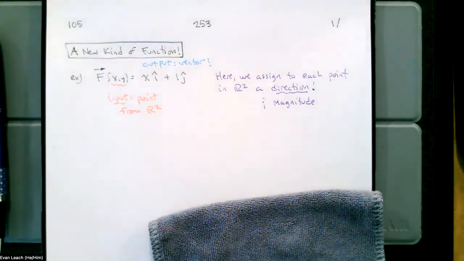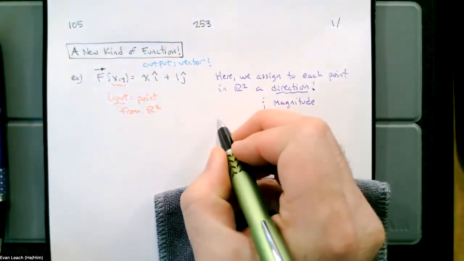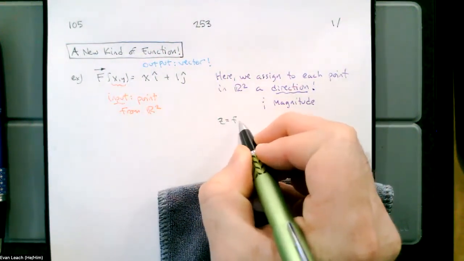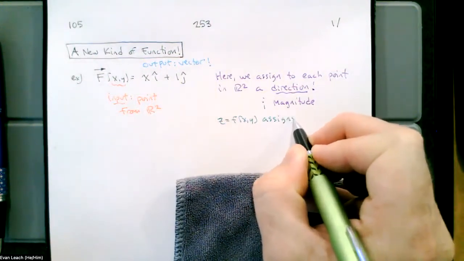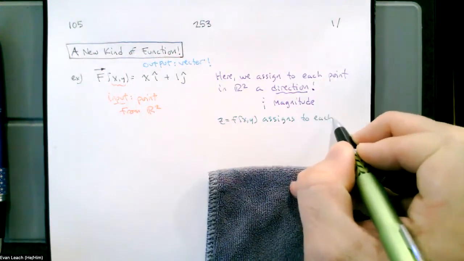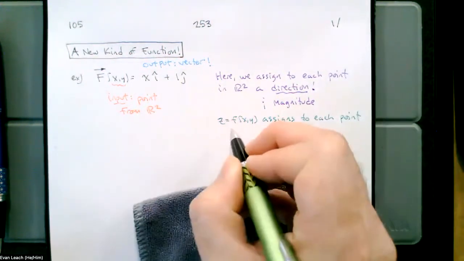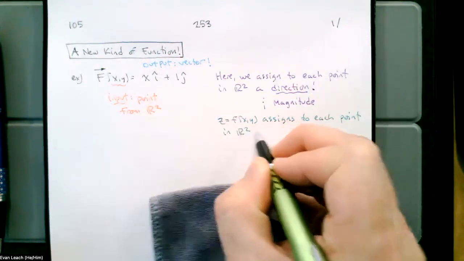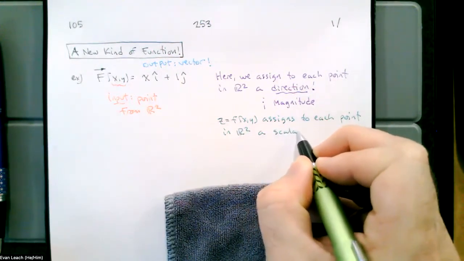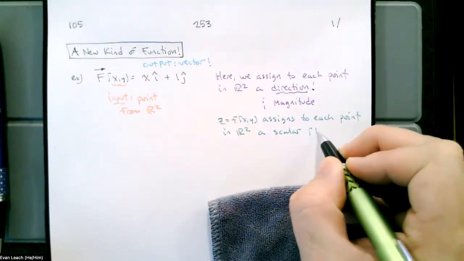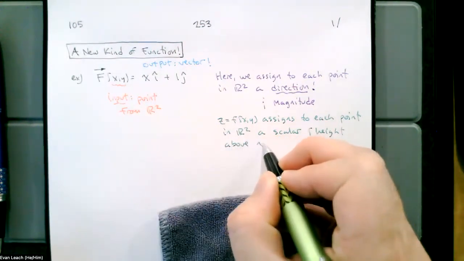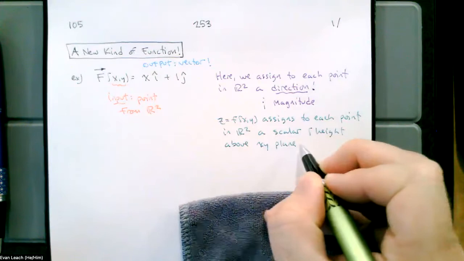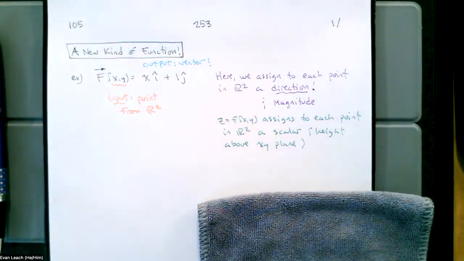A real valued function just assigns a scalar, which we thought about as the height above the XY plane.